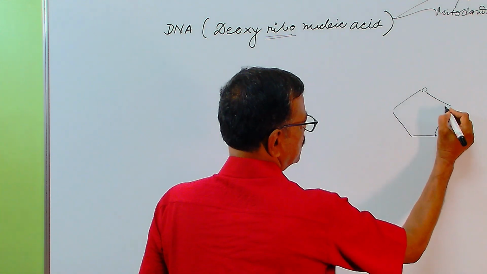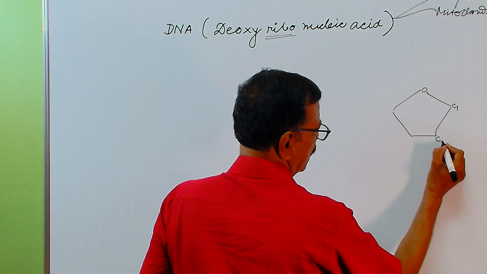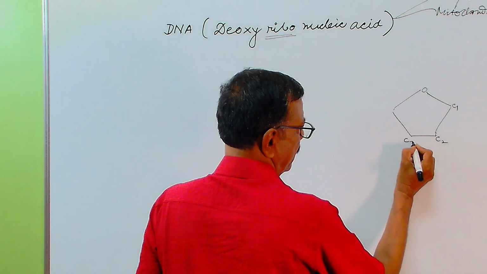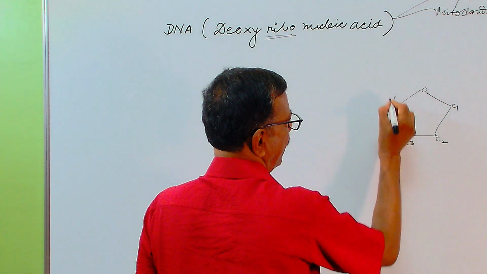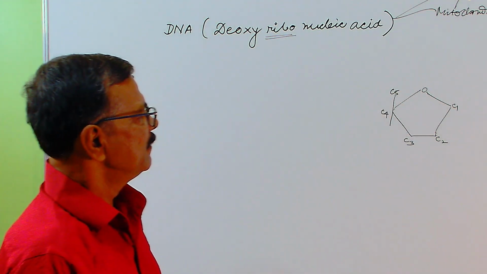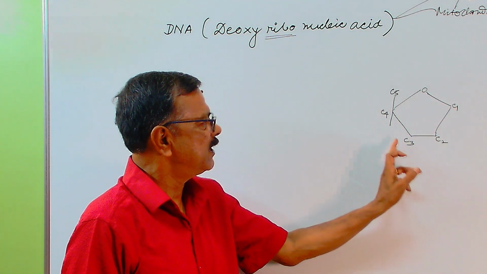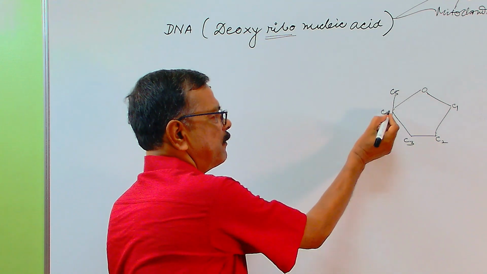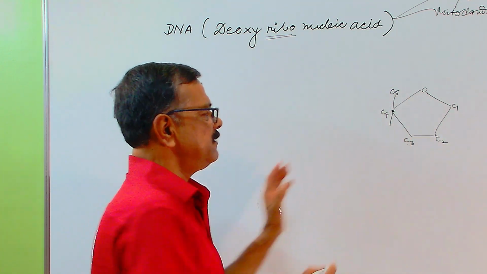This is a 5 carbon sugar. This is C1, carbon 2. So this is carbon 1, carbon 2, carbon 3, carbon 4, carbon 5. Carbon 4 is here. Carbon 5 is here. So it is C5.